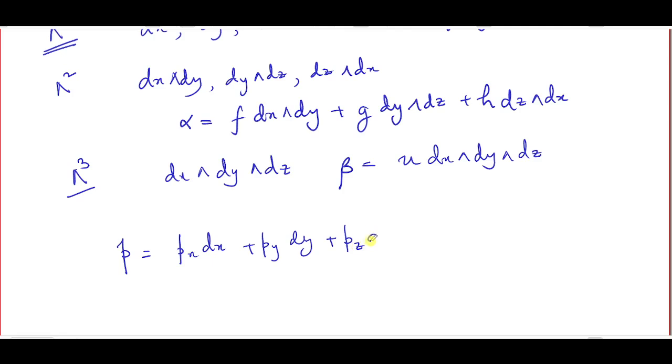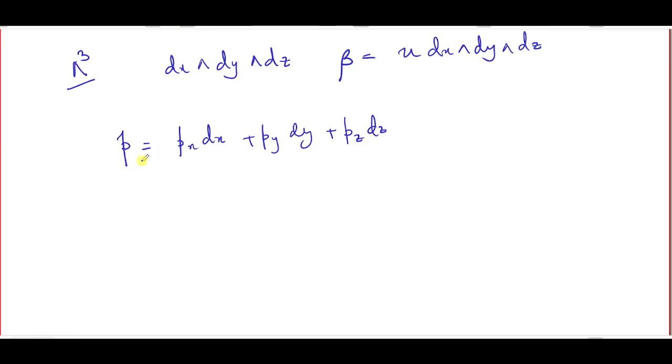Now, if the notation here reminds you of components of a vector, that's not entirely an accident. But we are going to talk about the connection between vectors and these one forms in some detail later. For the time being, let's just treat this as a notation. Q, another one form, qx dx plus qy dy plus qz dz.